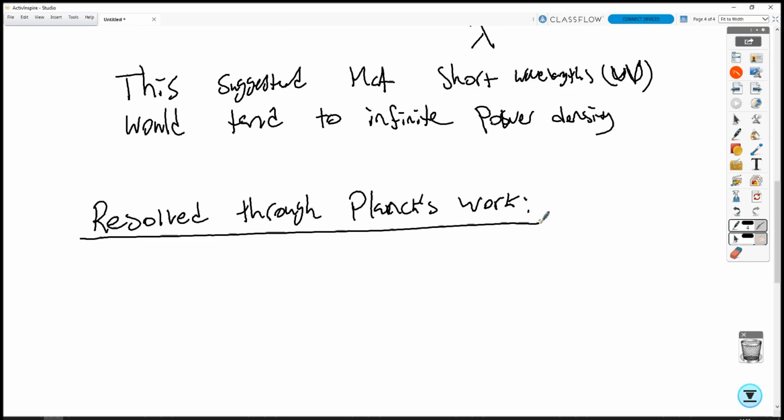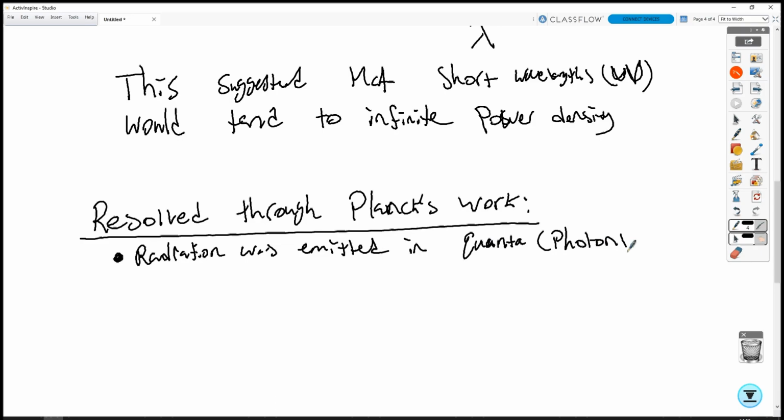So he said that radiation was emitted in quanta, which just means photons. So instead of continuous waves, it was as short packets of energy or small wave packets. And each quanta of energy was related to a certain frequency.